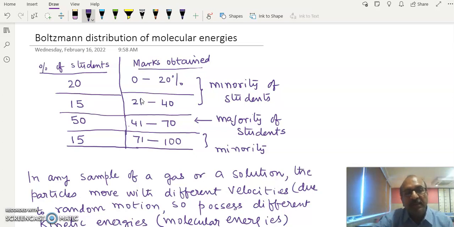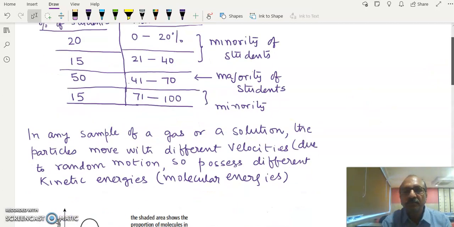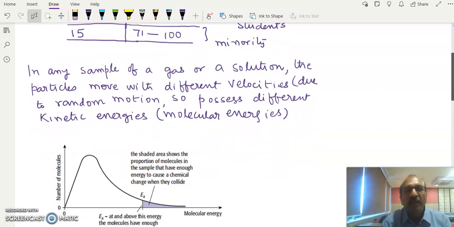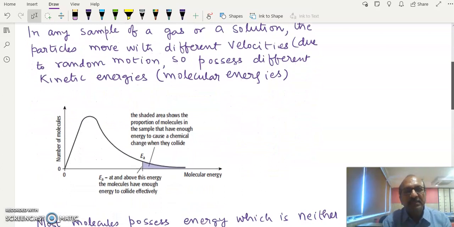So if you consider the sample of a gas or a solution, then just like this kind of distribution, you will get a similar distribution, something like this.